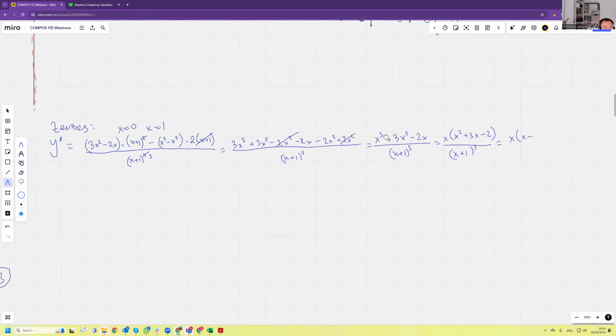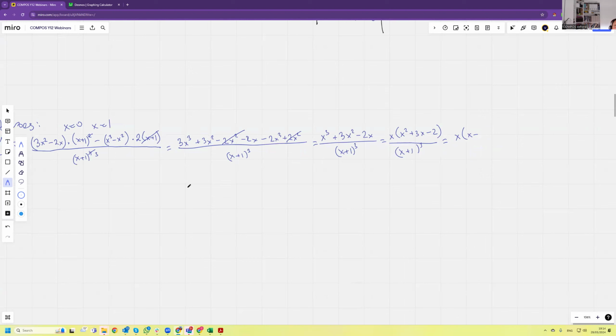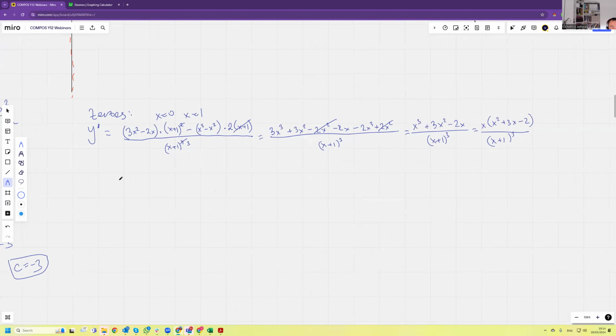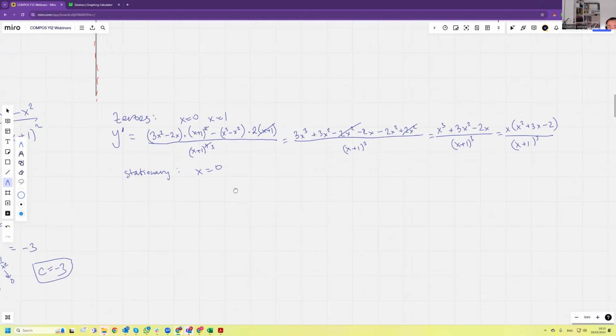Minus minus, minus plus. Okay, let's assume I haven't made an error. It means it doesn't factorize, so we just keep it like this. So the stationary points: x equals 0. That's the only stationary point.